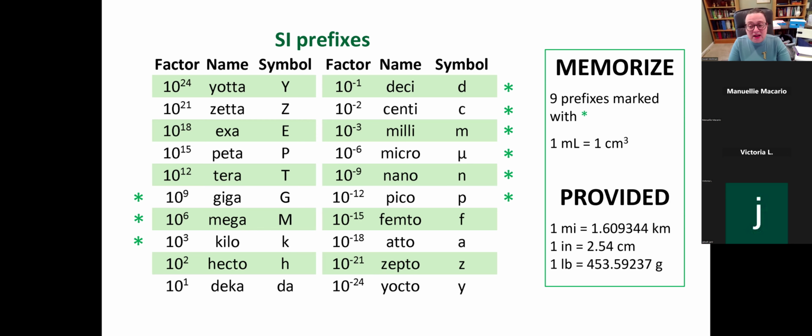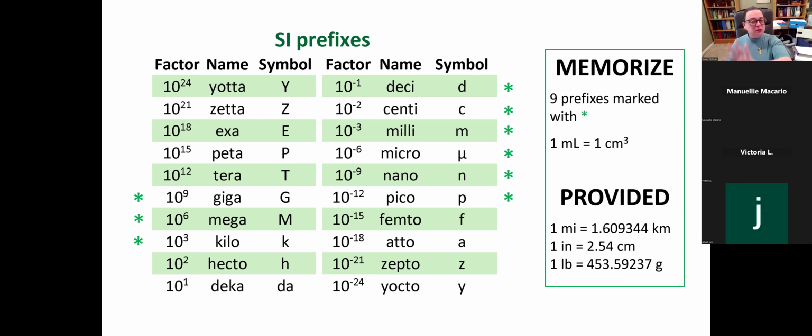If you use them exactly just like that with all those decimal places, they have infinite significant figures. If you get lazy and round them off, then they're going to have a limited number of significant figures. So for example, if you only said 1 mile equals 1.6 kilometers, now that only has 2 significant figures. But if you use it as 1 mile equals 1.60934 kilometers, that's infinite significant figures.